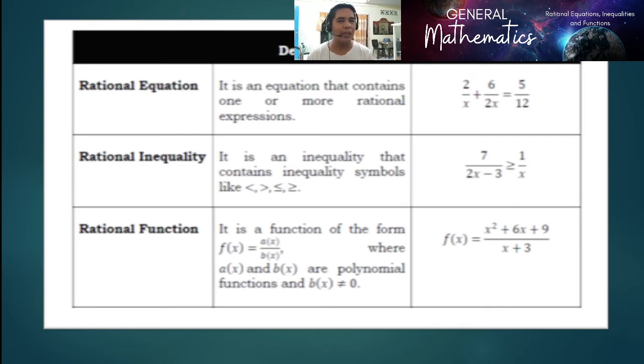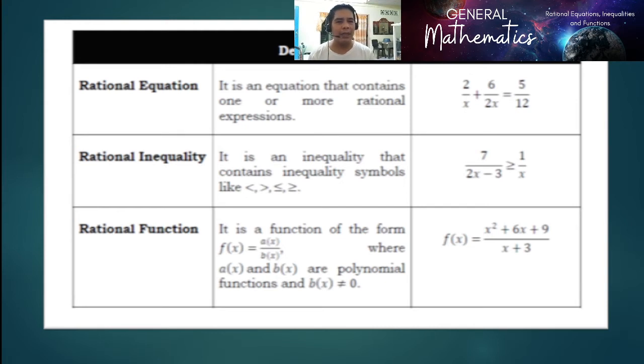It is an equation that contains one or more rational expressions. That is a rational equation. For example, 2 over x plus 6 over 2x minus 5 equals 5 over 12. It seems na parang mahirap intindihin, pero mamaya I will teach the shortcut for this.